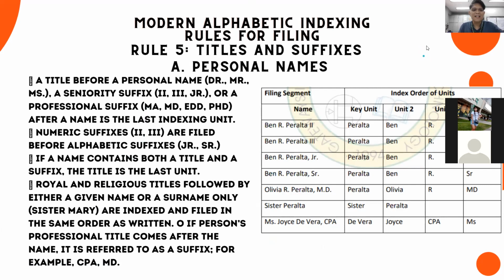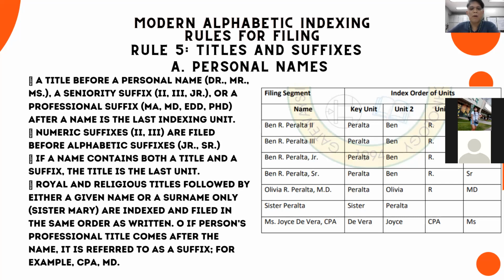A title before a personal name like Dr., Mr., or Miss addresses the person. A seniority suffix like the second, the third, or junior, or a professional suffix like MA, which is masteral, MD, which is medical, EdD for education, and PhD for doctorate, after the name is the last indexing unit. Numeric suffixes like the second, the third are filed before alphabetic suffixes, junior or senior.